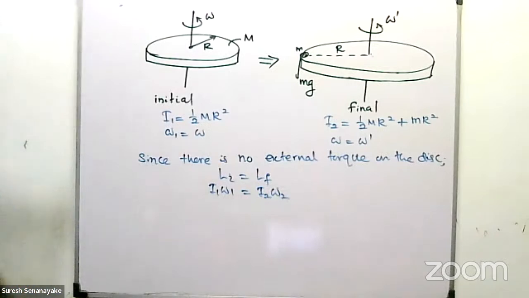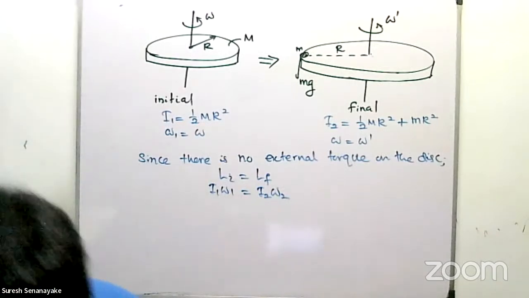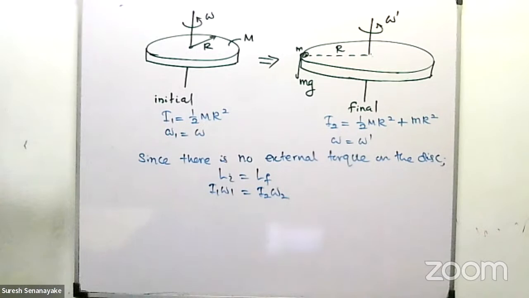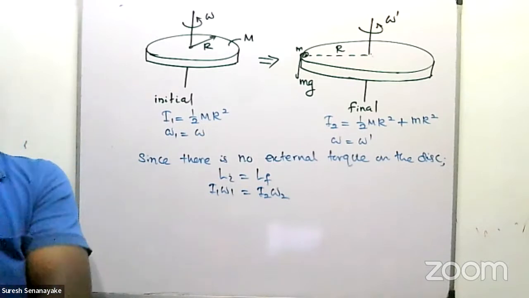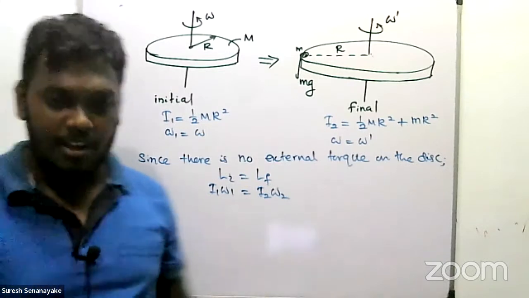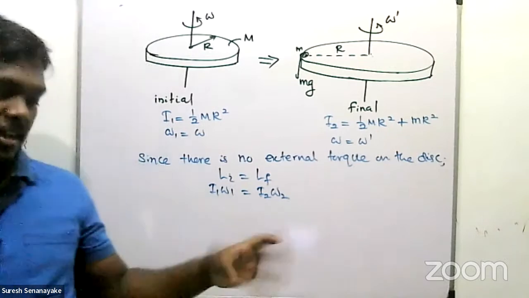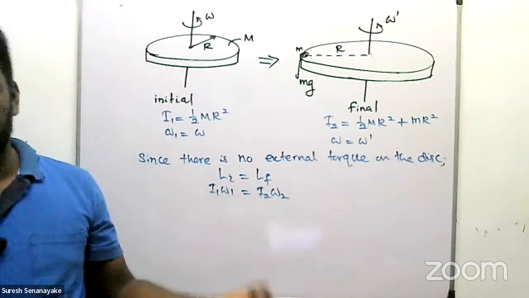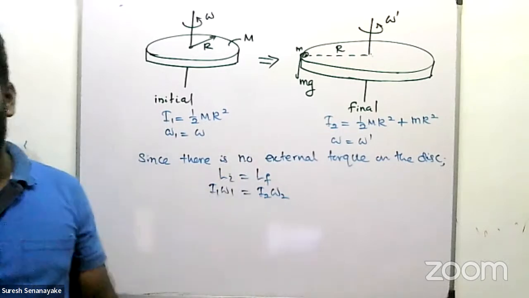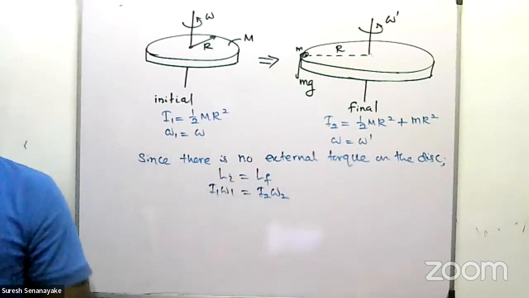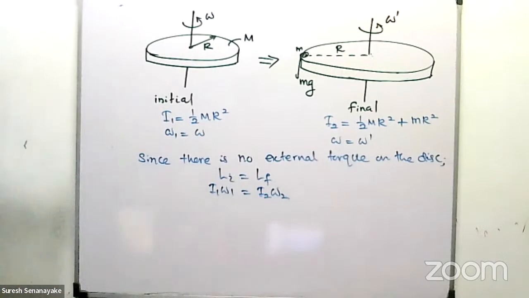So that is the way you can do this. We need to find the angular velocity, not the angular momentum, because according to angular momentum conservation, the initial angular momentum equals the final one.